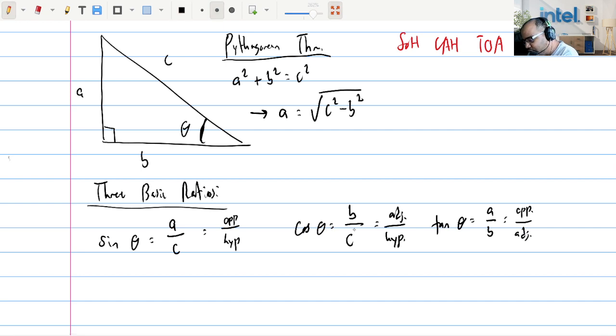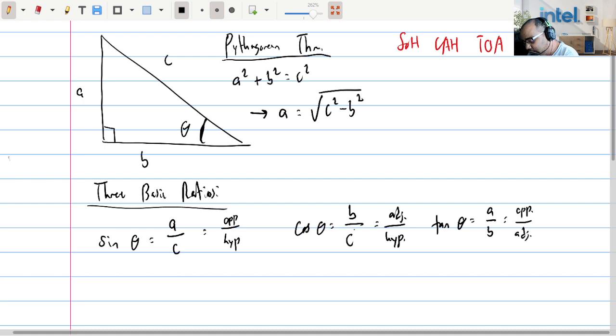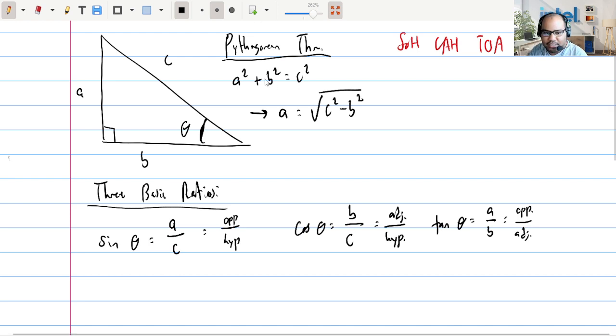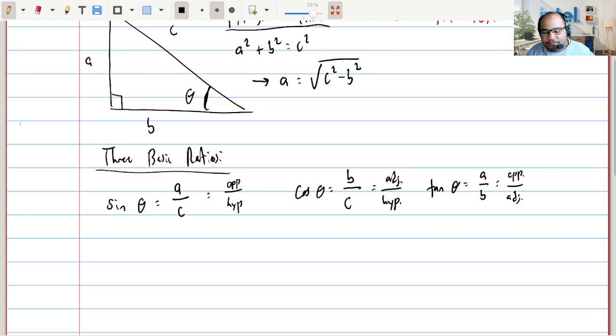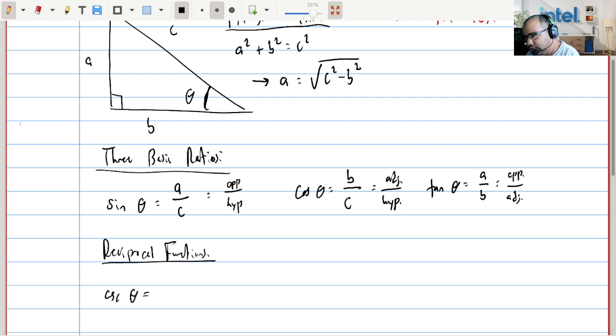Now, of course, we have three more that we also use, and these are the reciprocals. Let's zoom out a little bit to get more room here. These reciprocal functions have their own uses as well. We have the cosecant of theta, which is the reciprocal of the sine.